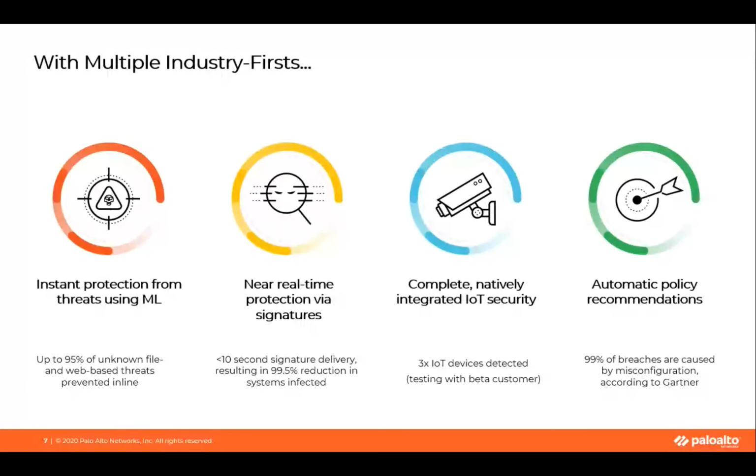Then another thing is automatically recommending policies. Based on what you've seen on the network and its traffic, we can come up with special policies that we push to you to see if this is something that can work for you.